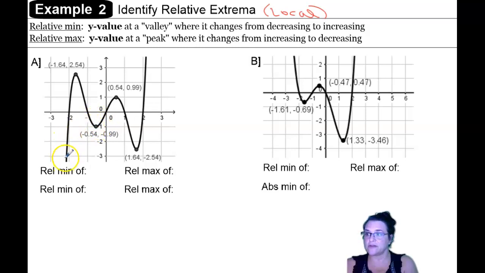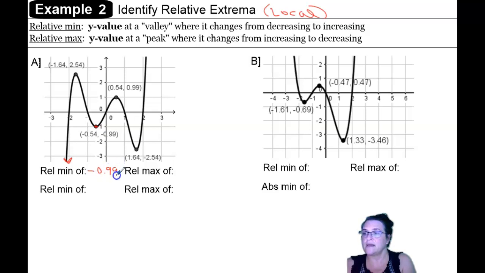This graph is going down forever, so the point at negative 0.54, negative 0.99 is a relative minimum, because on the interval negative 1 to 0 it is a minimum.